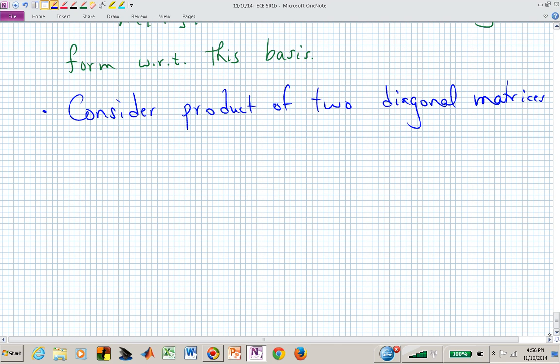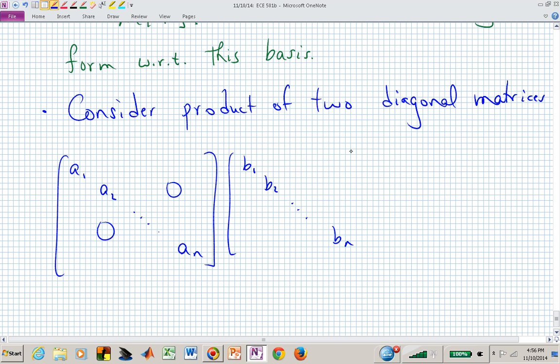Here's a matrix product. Let's say that we have A1, A2, down to A sub n, zeros, it's just a diagonal matrix, zeros on the off diagonal, multiplying B1, B2, another diagonal matrix down to B sub n.